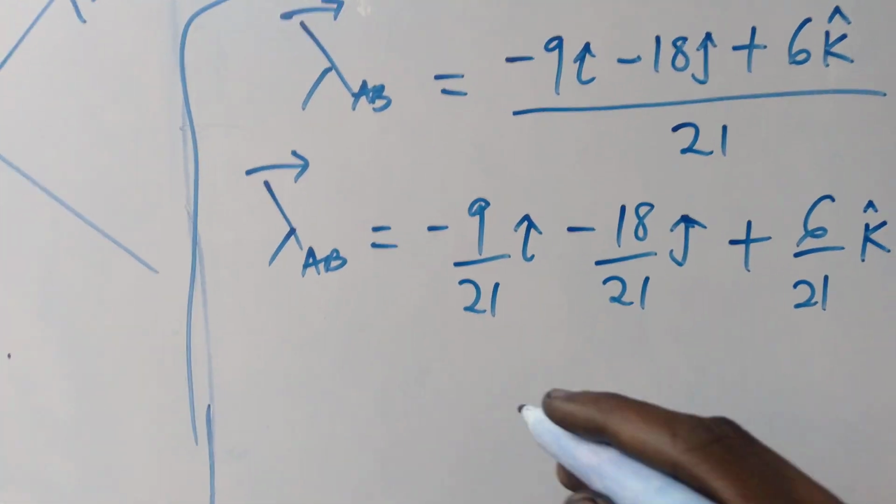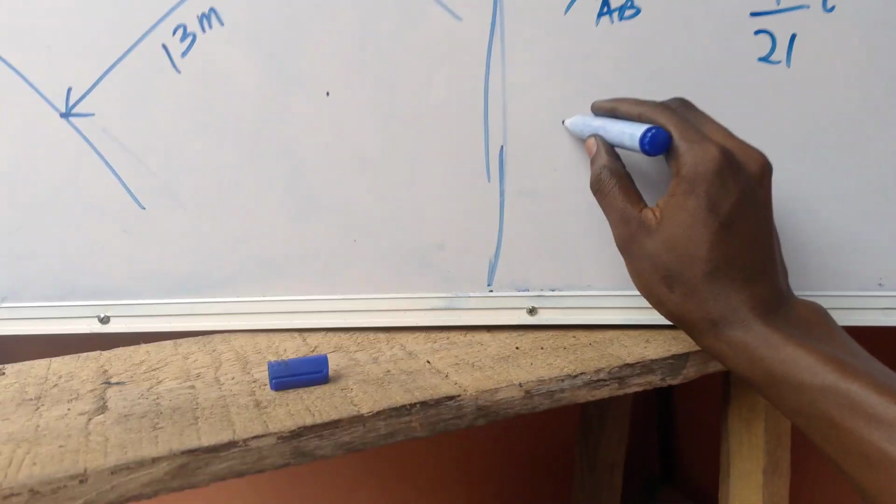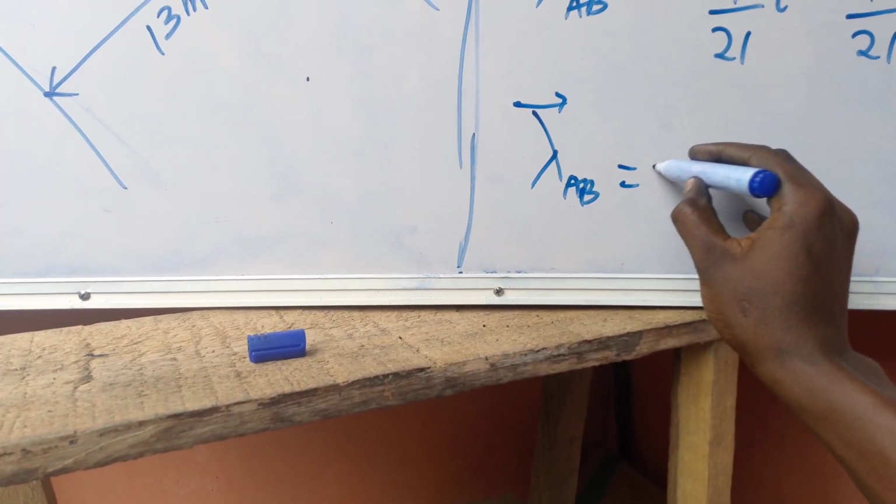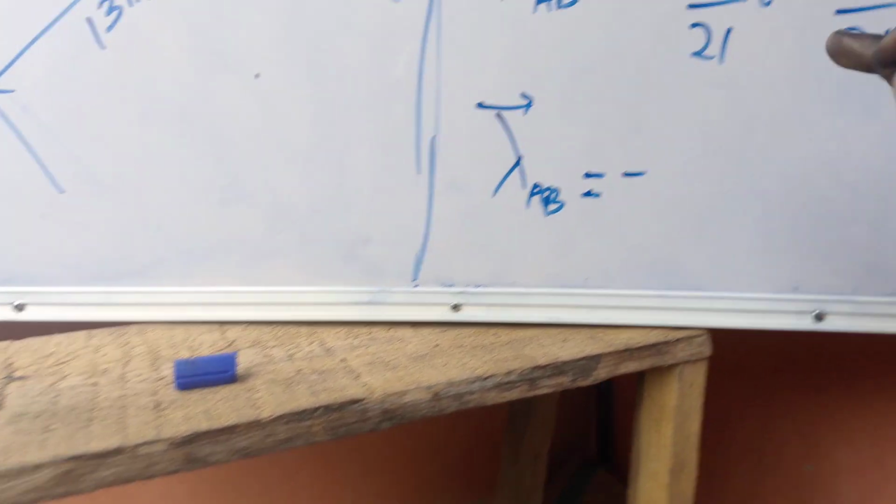Okay, so I have lambda AB as minus 9 divided by 21.